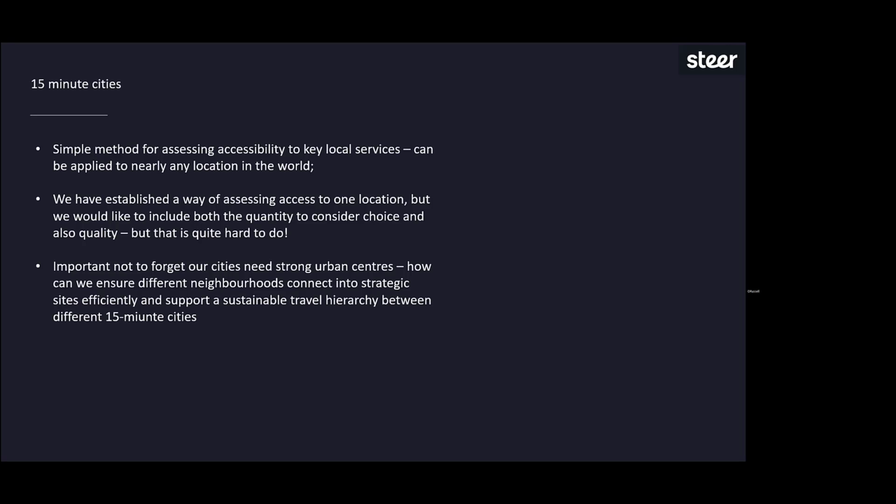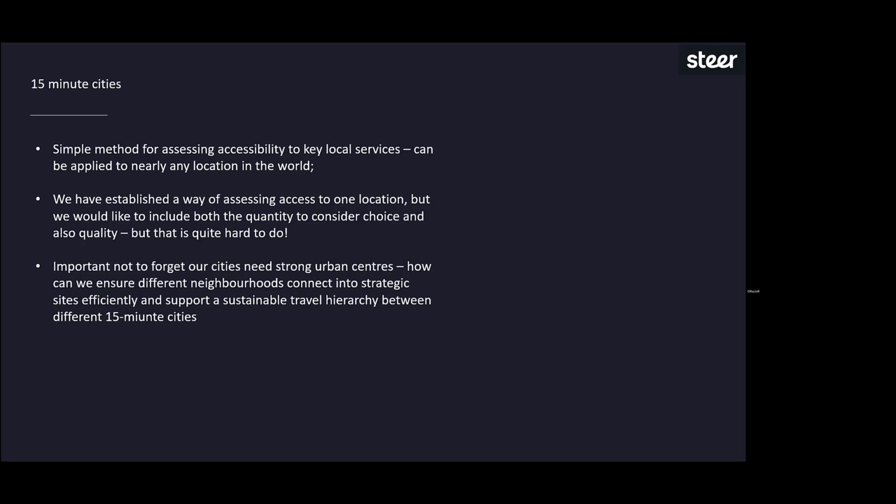And I think what's really important to remember is that, yes, it's great that we can access services within a short walk of our house, but I think people enjoy living in cities because they're fun and vibrant places to be.